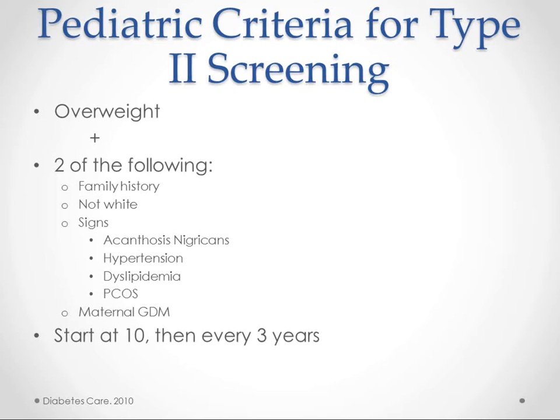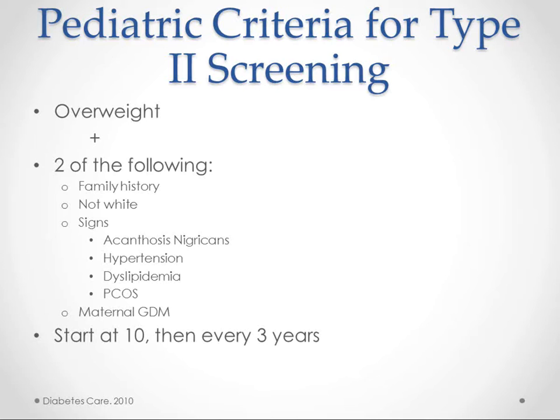So the criteria for testing type 2 diabetes is if you're overweight and you have two of the following. So you either have a family history, you are pretty much any other race besides Caucasian, and you have one of these signs like acanthosis nigricans, hypertension, dyslipidemia, PCOS, or you had maternal gestational diabetes.